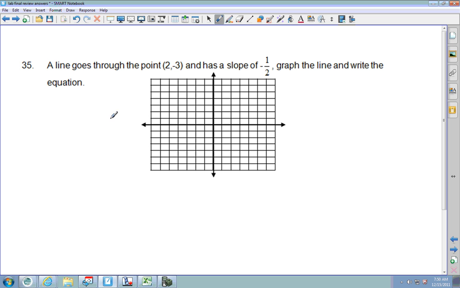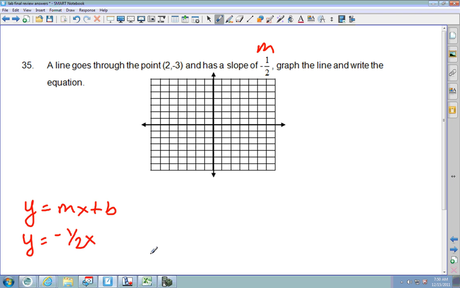Okay, here's one. The line goes through the point (2, -3) and has a slope of -1/2. Graph the line and write the equation. All right, remember the equation is y equals mx plus b. M is the slope. We already know the slope, so I already know the first part of the equation.